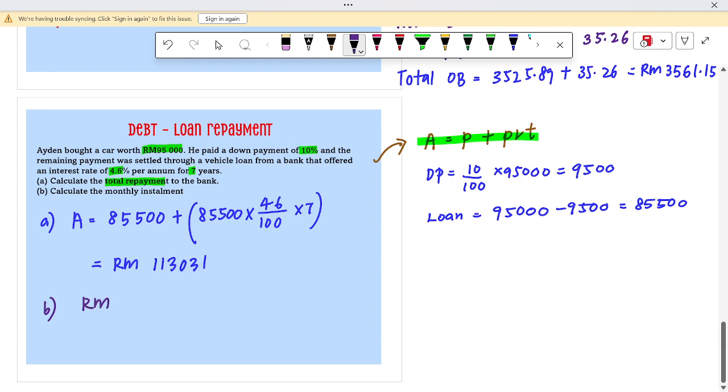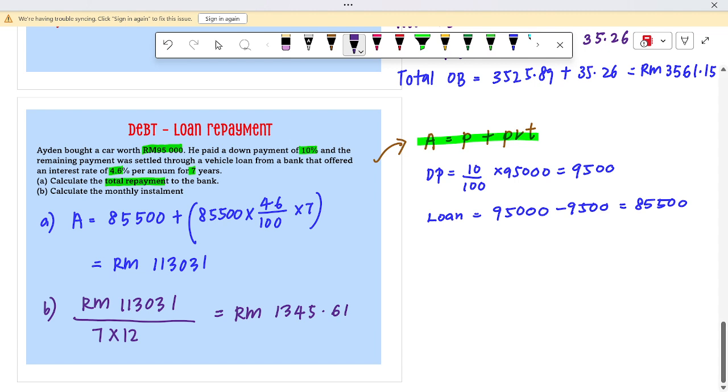So RM 113,031 divided by how many years of loan you have taken, 7 years, and you're going to pay monthly, so times 12. So your monthly installment to the bank will be 1,345 ringgit and 61 cents.